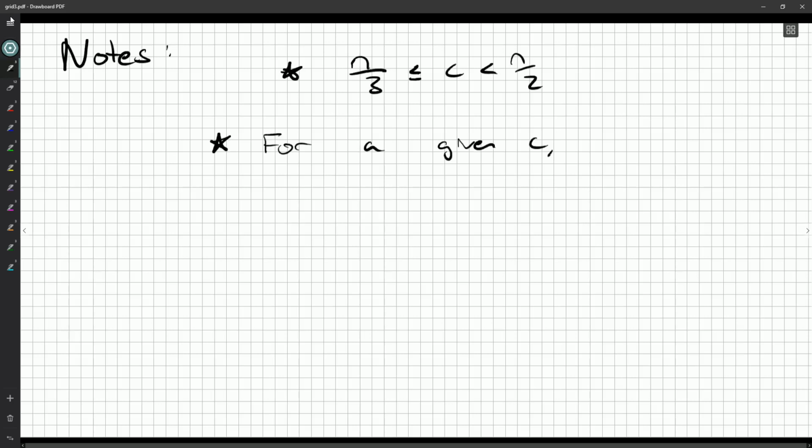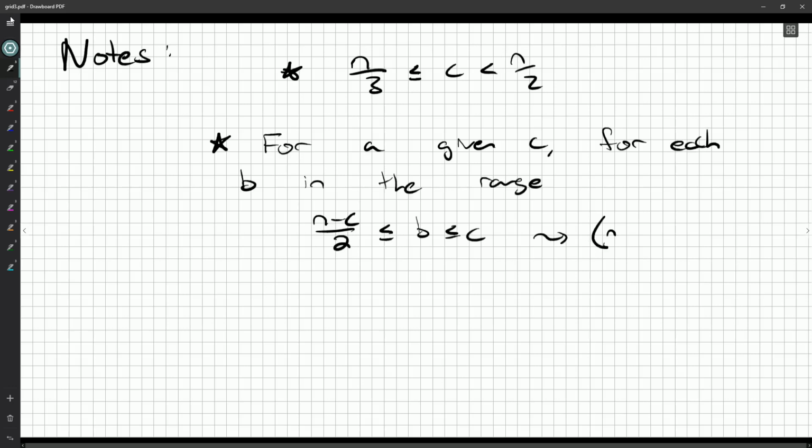And for a given c, for each b in the range n minus c over 2 less than or equal to b less than or equal to c, n minus c minus b, b, c is, I guess we could say, a valid triangle.